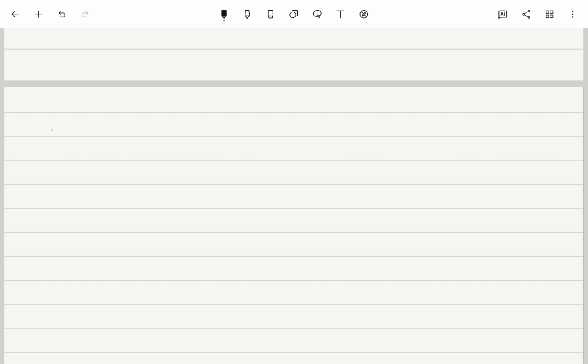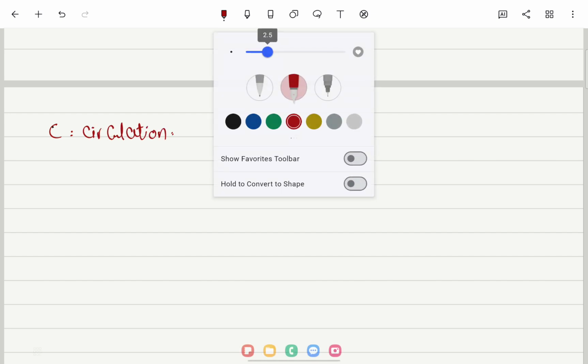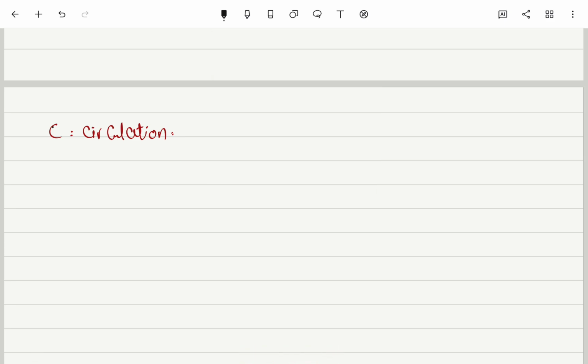Let's go through circulation. C for circulation. Circulation, I will check for eye pallor. It may indicate anemia. I will check the neck, carotid pulsations, and congested neck veins.